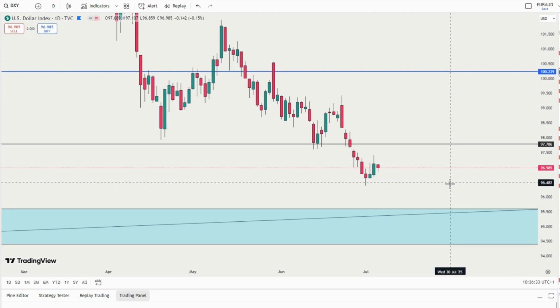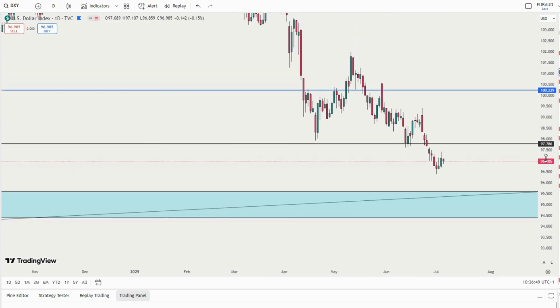We might see the dollar strength play out, and then on the DXY a retracement before the continuation to the downside, because if you check the overall directional bias, we are still in the downtrend.